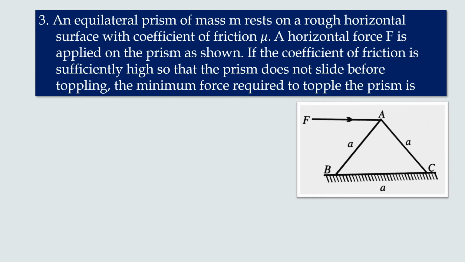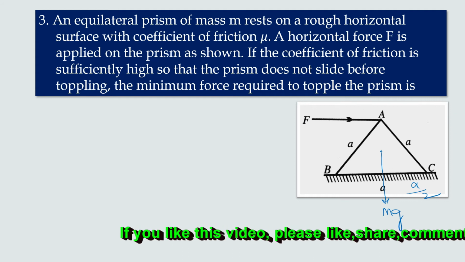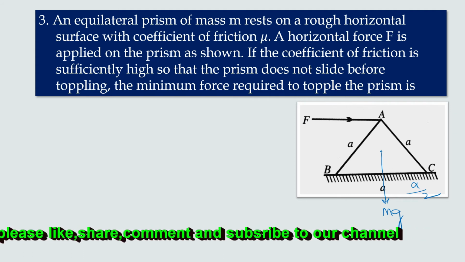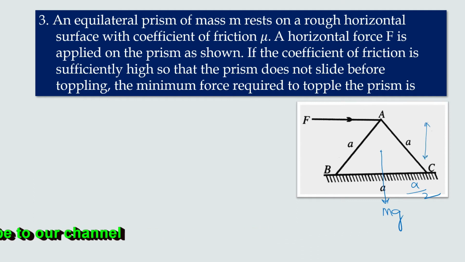Here we are applying horizontal force F, and if the coefficient of friction is sufficiently high, the prism does not slide before toppling. Now this is the force, and here gravitational force acting on this, and this is a by 2, and this height is root 3 a by 2, about point C. This is about point C.